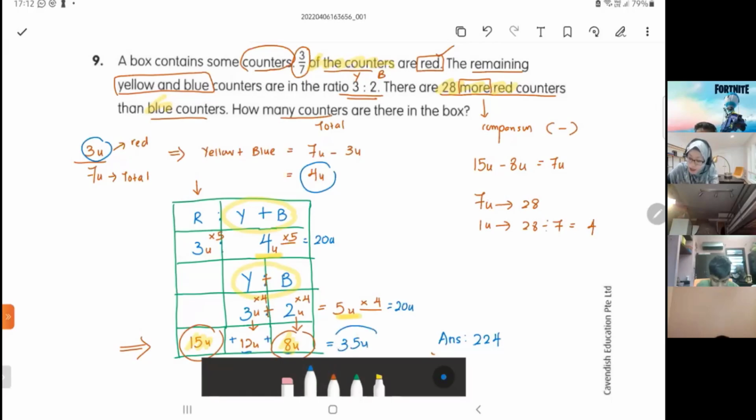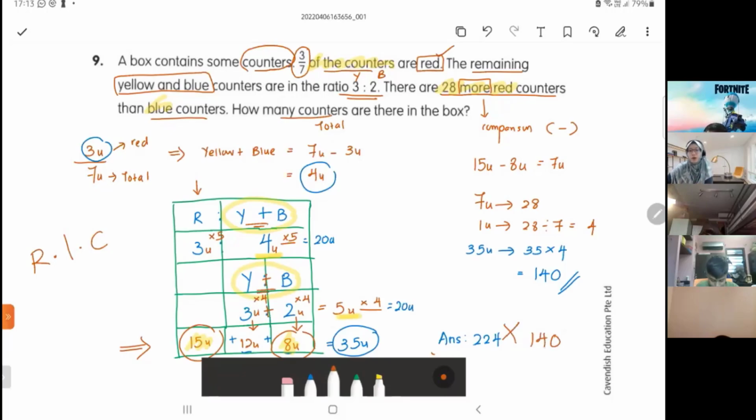I want to find this. 35 units is 35 times 4 equals 140. This is my answer. Not 224, it's 140. What concept? Repeated identity concept. Who is repeated? The yellow plus blue. Okay?